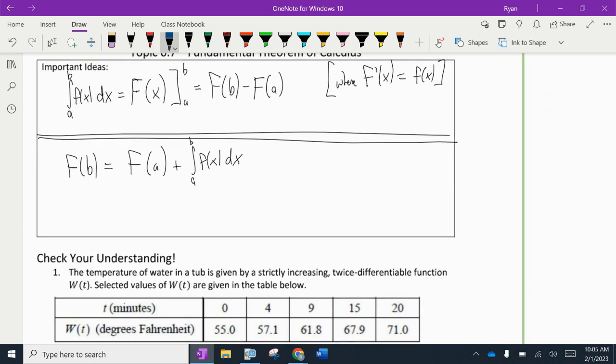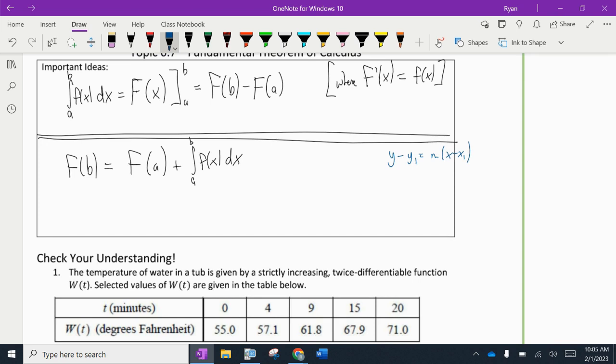You probably don't recognize it this way yet, but this equation I wrote down here is, ready for it? It is point slope form. What is point slope form? Y minus y1 equals slope times x minus x1. That's essentially what this is.